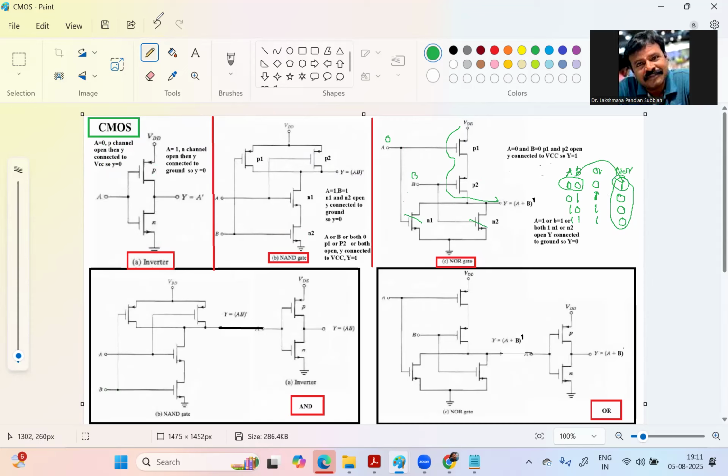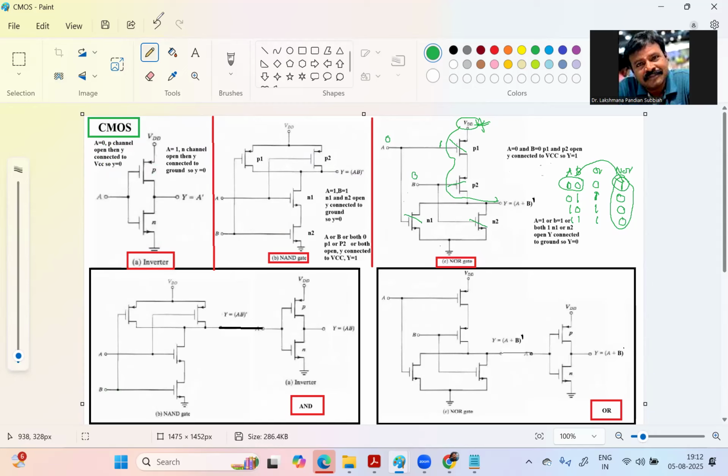Then here if any input is 1, right? If you are applying 1 to a P channel, the P channel is closed. So if at least one is there, then one channel is closed, and we couldn't get anything from VDD.